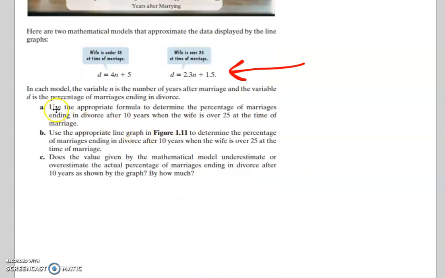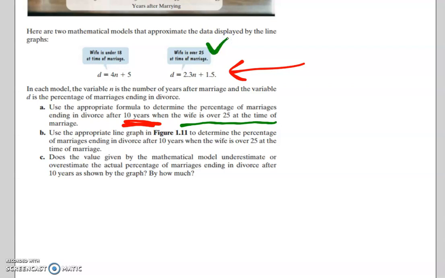The first question says, use the appropriate formula, so I have to pick which one to use, to determine the percentage of marriages ending in divorce after 10 years. So right away, there's my time, 10 years. Which equation I'm going to use depends on this part right here: when the wife is over 25 at the time of marriage. So which equation am I going to use? It's this one, right?